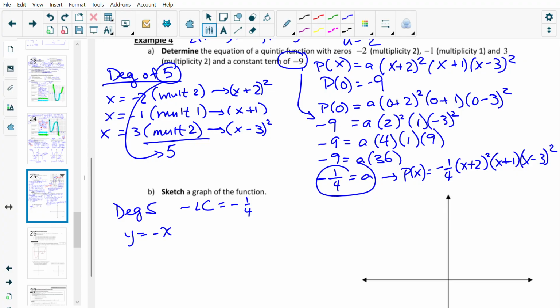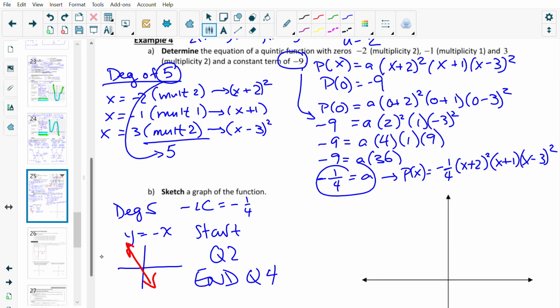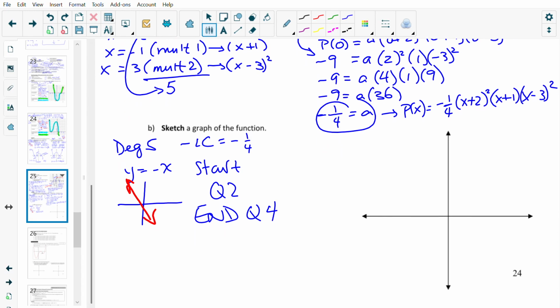That's -1/4. So think about my cousin, y equals -x. I have a similar odd degree function. So I know it's going to start in quadrant 2 and it's going to end in quadrant 4.